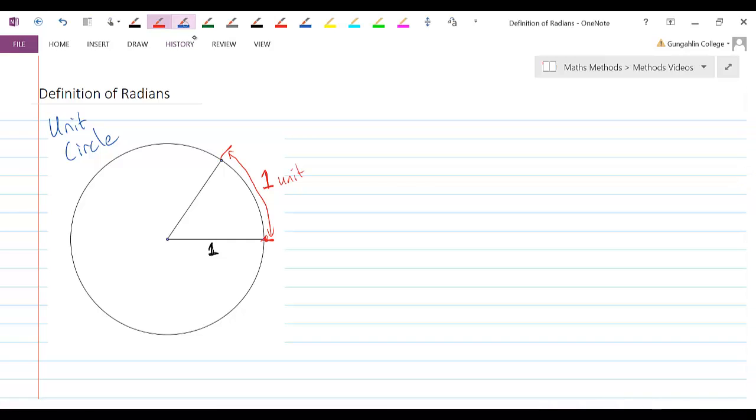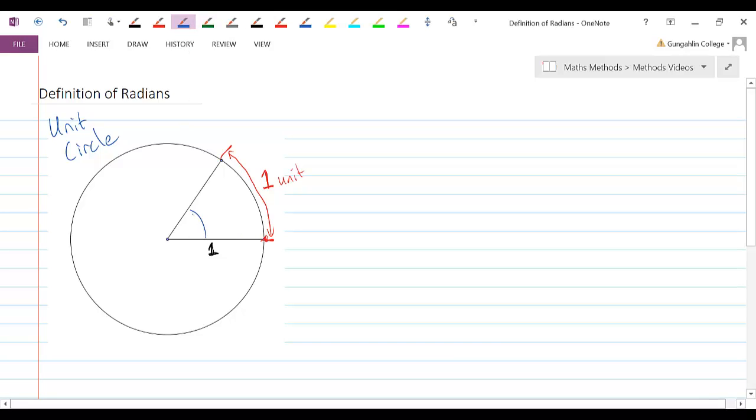The fancy name for this curved distance is an arc. So we've walked an arc of 1 unit around the edge of the unit circle.